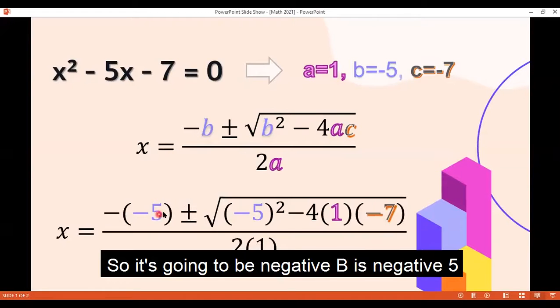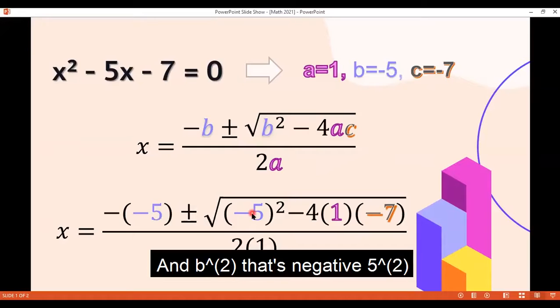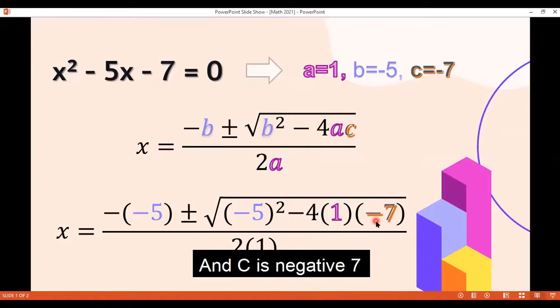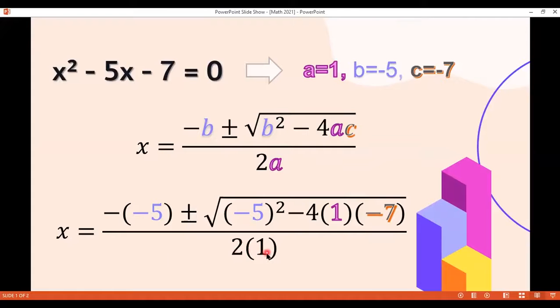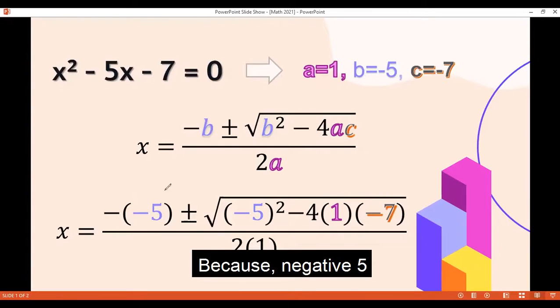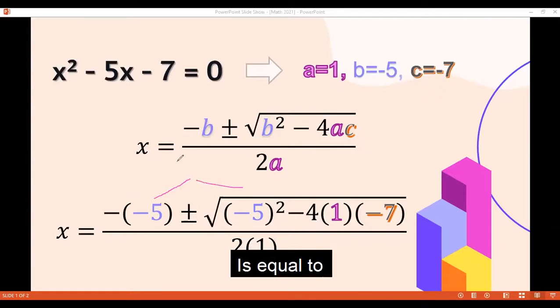So negative b is negative 5, and b squared is negative 5 squared, minus 4 times a, which is 1, and c, which is negative 7, divided by 2 times 1. So negative 5, two negatives will change it into a positive number, because negative 5 times negative 5 is equal to positive 25.